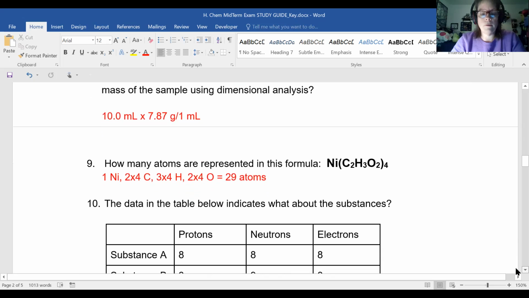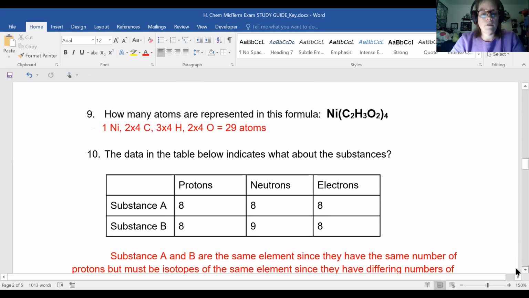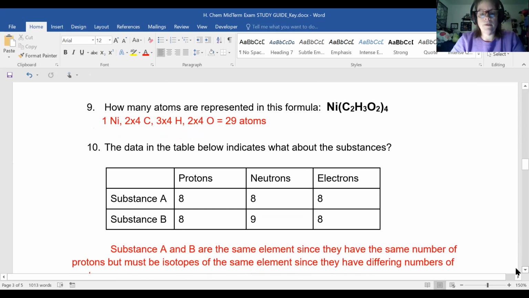That one's pretty easy. All right, number 9, you just have to calculate the number of atoms found in this compound. It's a pretty big compound. You have nickel that sits out here. There's no subscript, so there's only one nickel atom. And then you have C2H3O2. Each one of these inside the brackets has its own total number of atoms, but look what we have outside.